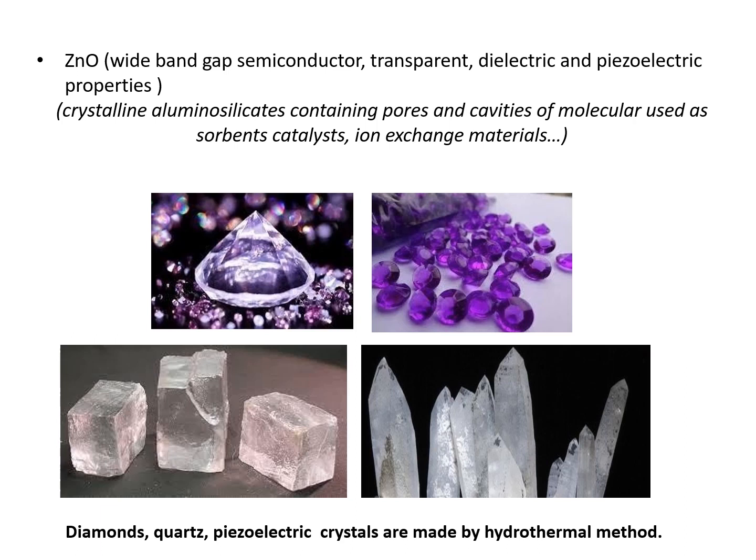Crystalline aluminum silicate containing pores and cavities of molecular size is used as sorbents, catalysts, ion exchange materials. In these pictures there are shown diamonds, quartz, piezoelectric crystals that are made by the hydrothermal method.